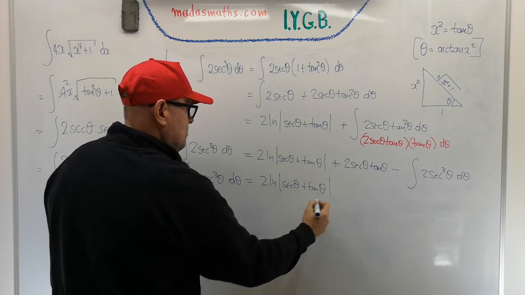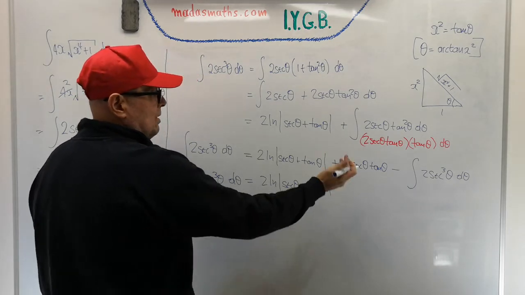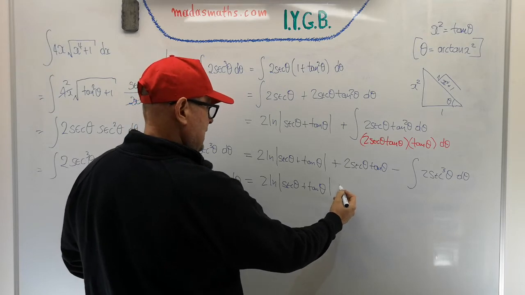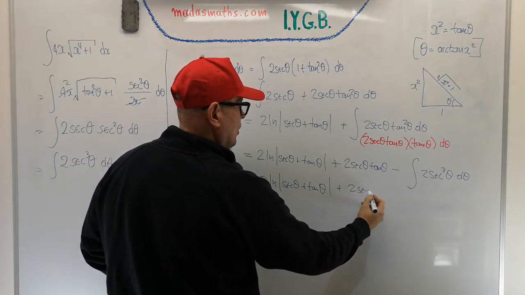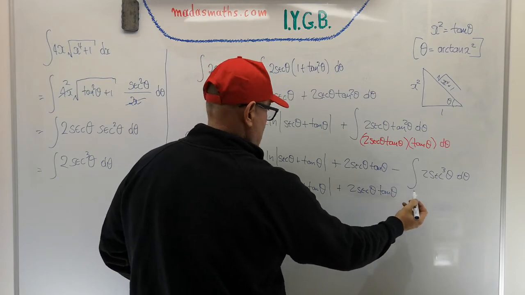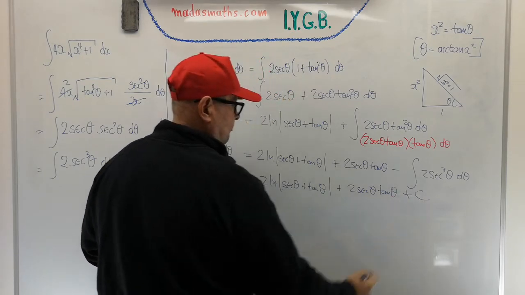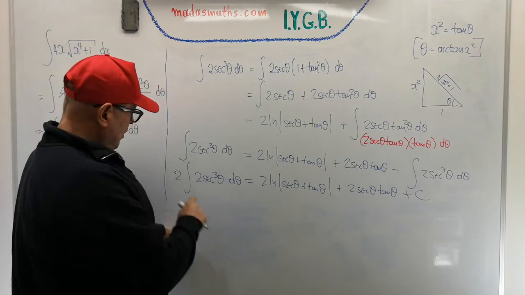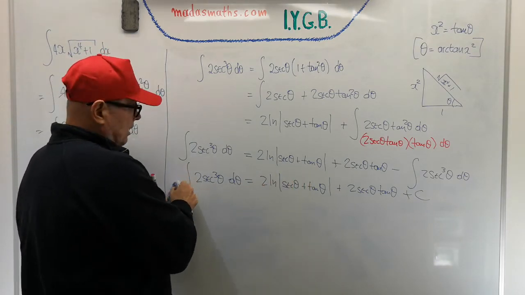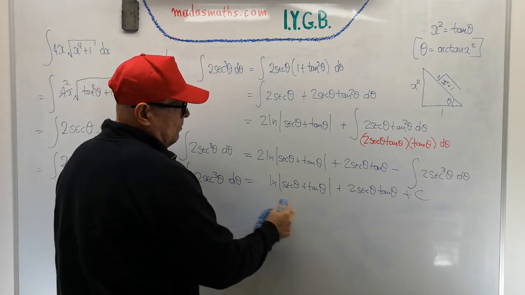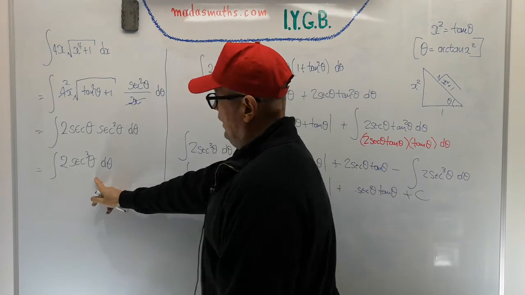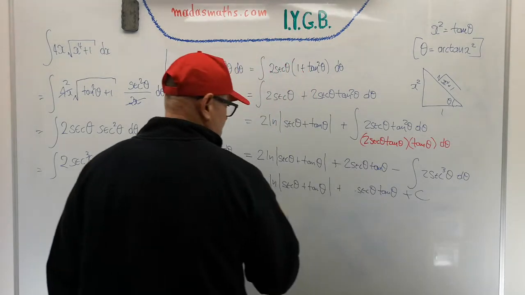So the formula that I was remembering wasn't that far out. It's actually a plus, and it does have a half. So that's plus 2 sec theta tan theta. And of course, now this 2 appears in all of them, so I'm going to lose it: 2 from there, 2 from there, and 2 from there. So the integral that I'm trying to find is in fact equal to that.